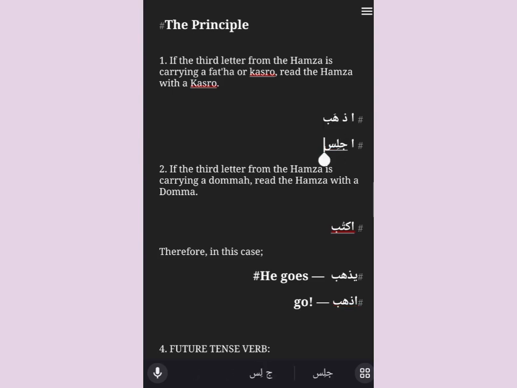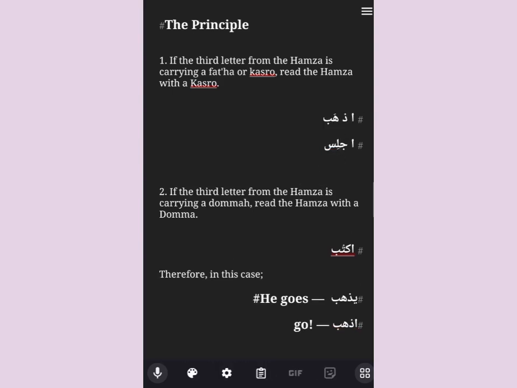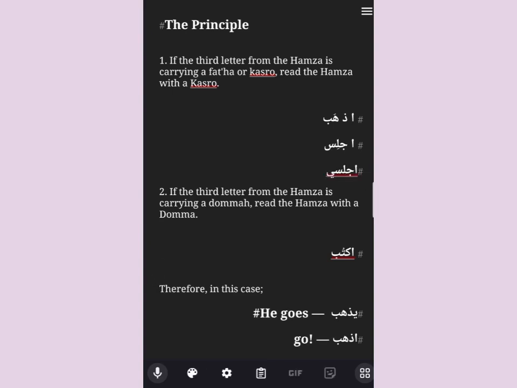And therefore you say ijlisi. So you add a ya in this case. For uktub, it is uktubi. Is that taken? Very well. If that's clear, let's move on.